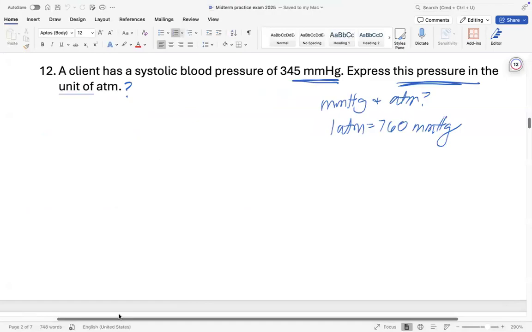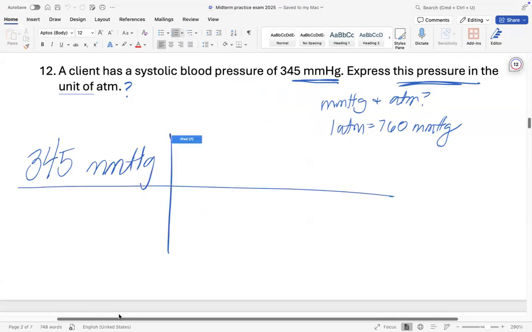Okay. So then I'm going to set this up like any of my other conversions where I start with my given, 345 millimeters mercury. I put that on top. I put what I'm trying to get out of on the bottom so they cancel. So I'm going to put millimeters mercury on the bottom and what my desired unit is on top, atmospheres.